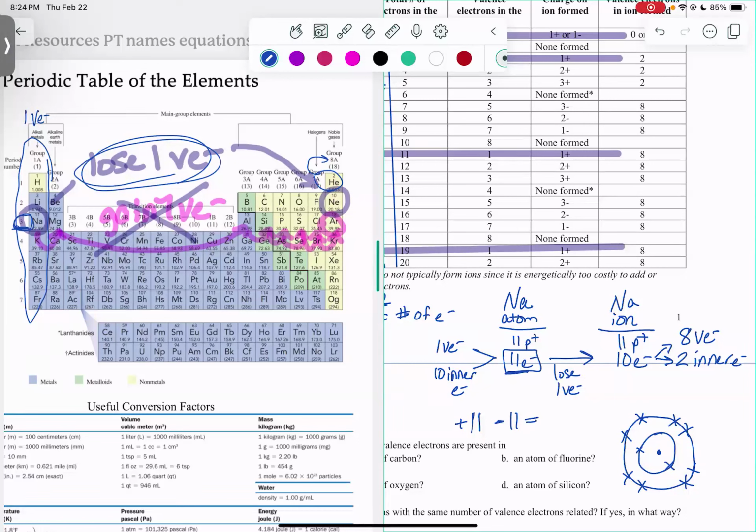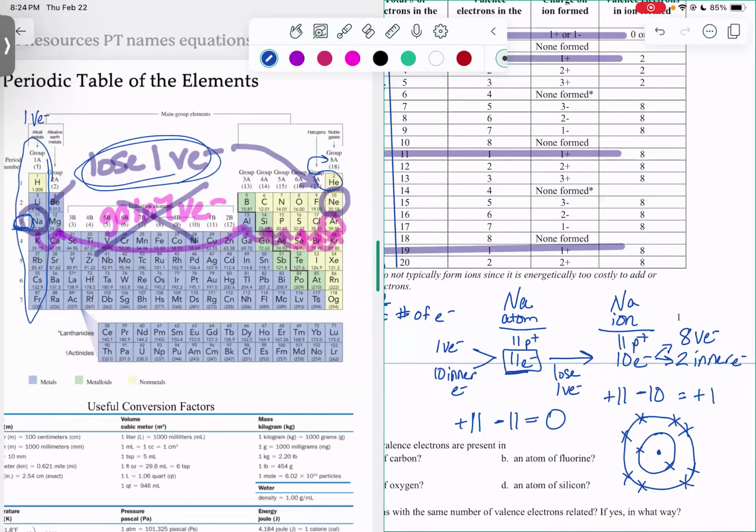If I have 11 pluses and 11 minuses, my net charge is 0 for the atom. And we know that atoms are supposed to be neutral. But when I lose that 1 valence electron and I become the ion, now that sodium ion has 11 positives and only 10 negatives. So positive 11, negative 10 gives me a net of positive 1.